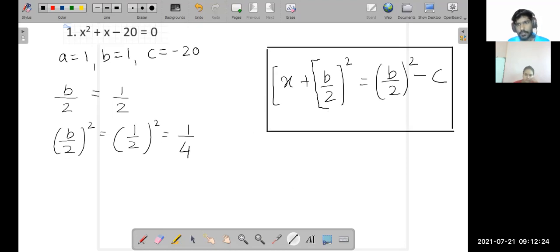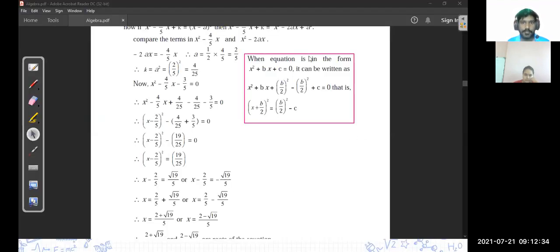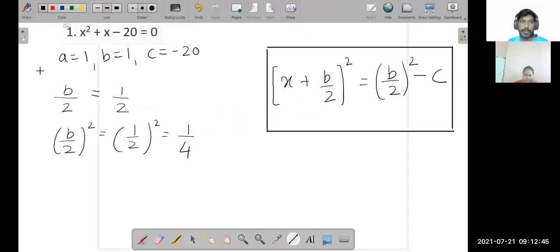No, no, the square won't come down. I'll show you the textbook. See this one: x plus b upon 2 the whole bracket square is equal to b upon 2 the whole bracket square minus c. I'll explain you why it will not come there.